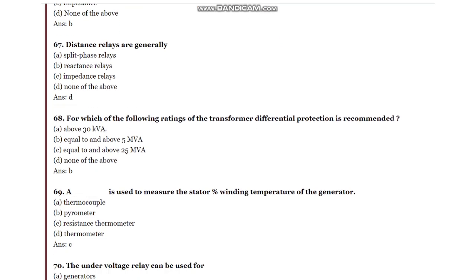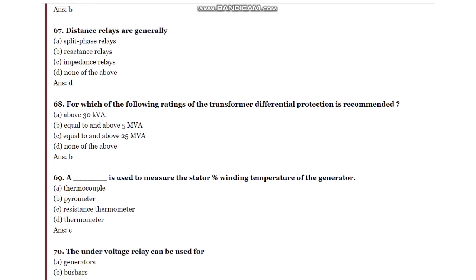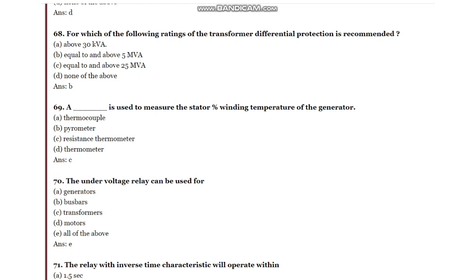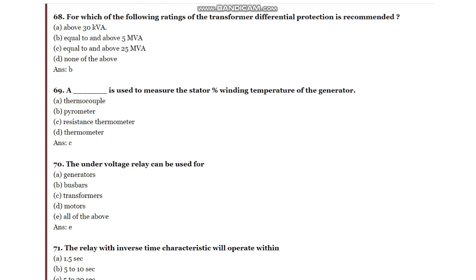Distance relays are generally none of the above, that means split phase relays, reactance relays, impedance relays. And for which of the following ratings of the transformer is differential protection recommended? B, that is equal to and above 5 MVA. A dash is used to measure stator winding percentage temperature of generator. Resistance thermometer is used.